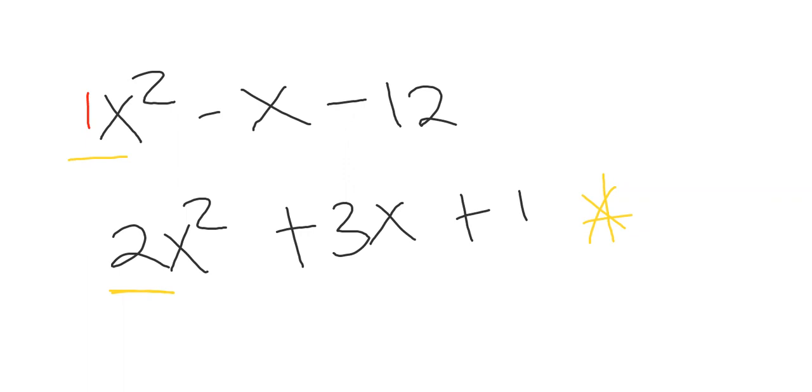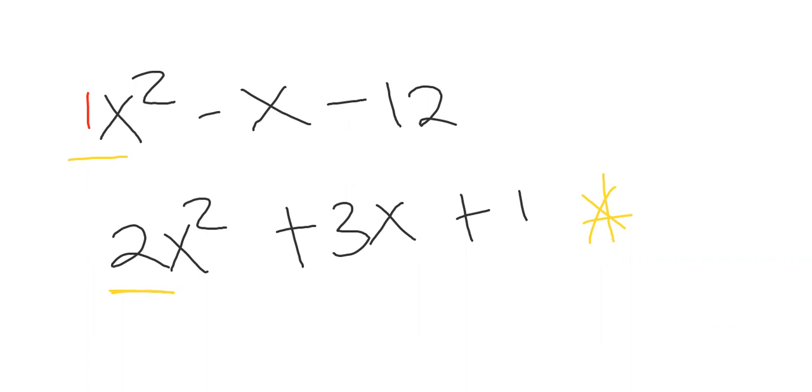So as we are factorizing quadratic expressions, we are going to factorize expressions that have a coefficient of 1 for the first term, and then expressions that have a coefficient of more than 1 for the first term.